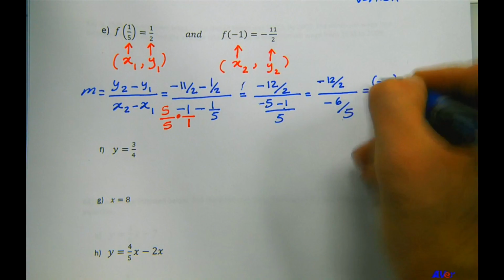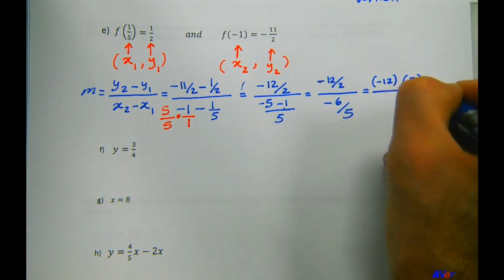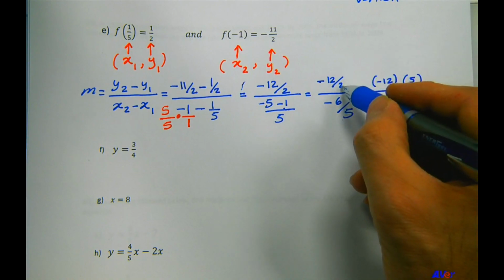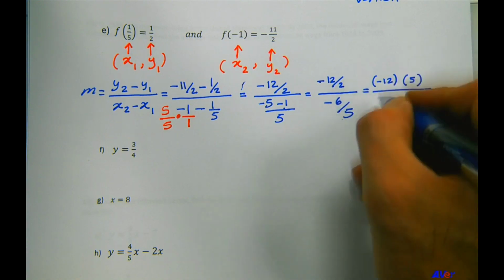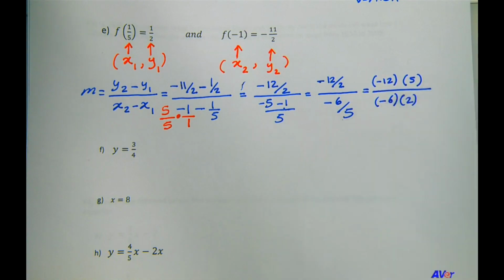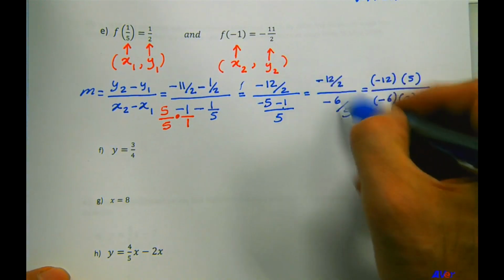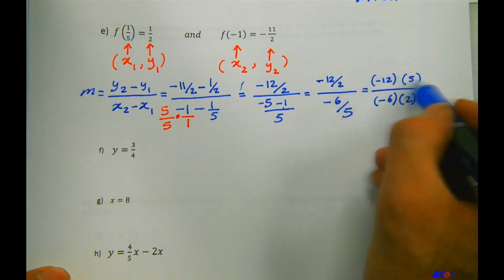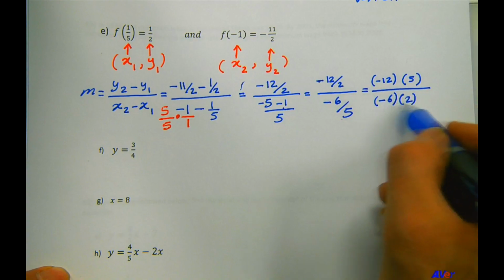So negative 12 times 5 in the numerator, divided by, multiply the numbers that are closest to each other, 2 and negative 6, and put the product in the denominator. Done. So that's the easiest way to simplify a complex fraction. Multiply the farthest numbers from each other, put them in the numerator, multiply the closest numbers to each other, and put them in the denominator.